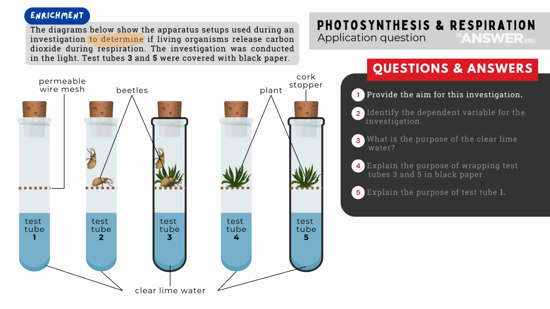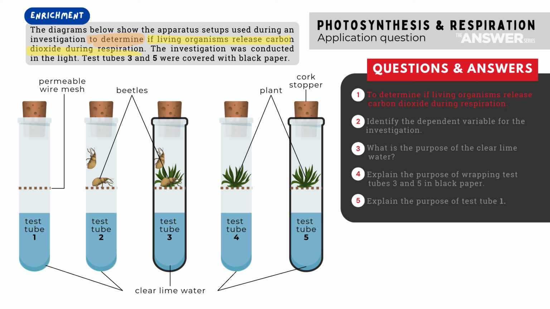That "to" starts our aim, because it's like someone asking you, what do you want to do? And you answer, I want to. That is how you state an aim. So here the investigator wants to determine if living organisms release carbon dioxide during respiration. And you just copy and paste that into your answer. That is your aim.